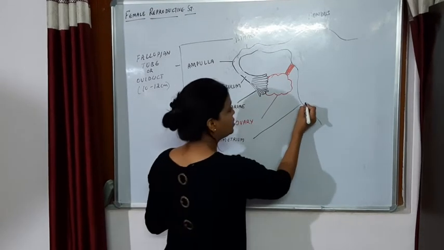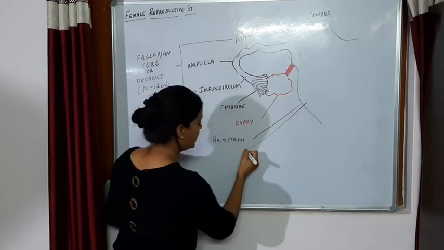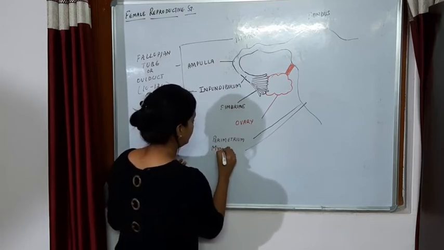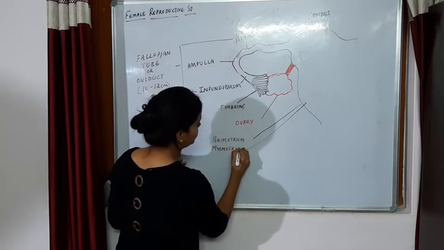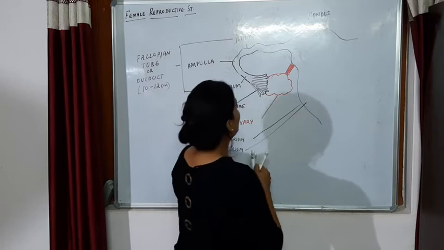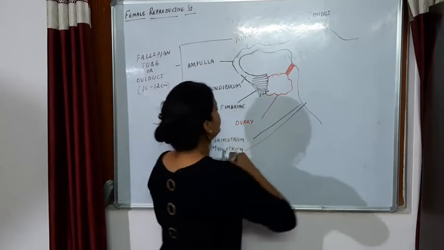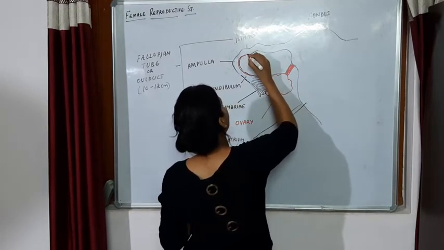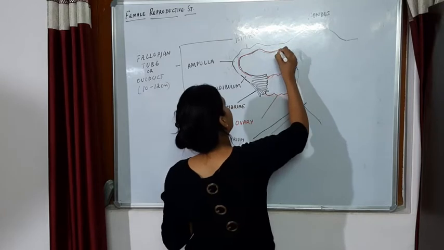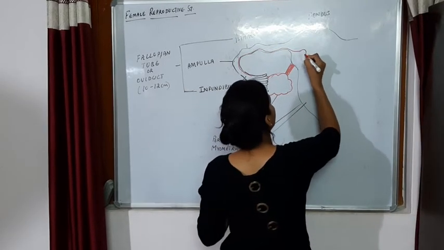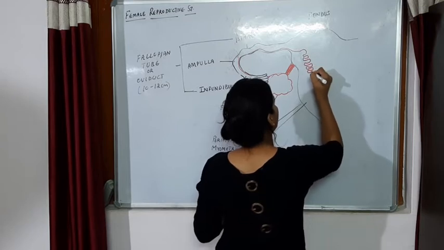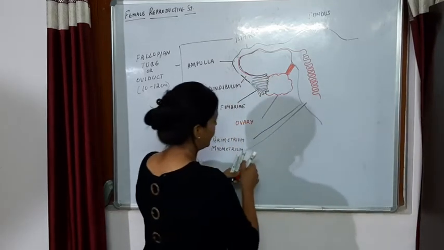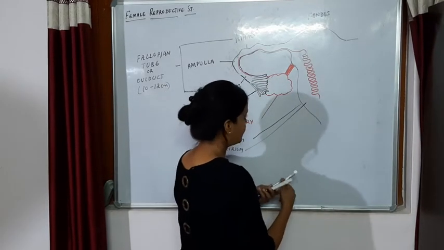Inner to it, there will be the second layer, and it is called the myometrium. Now this layer, I am drawing it in red, it is coming like this, and we have discussed this also, this tubular and highly glandular layer is called the endometrium.